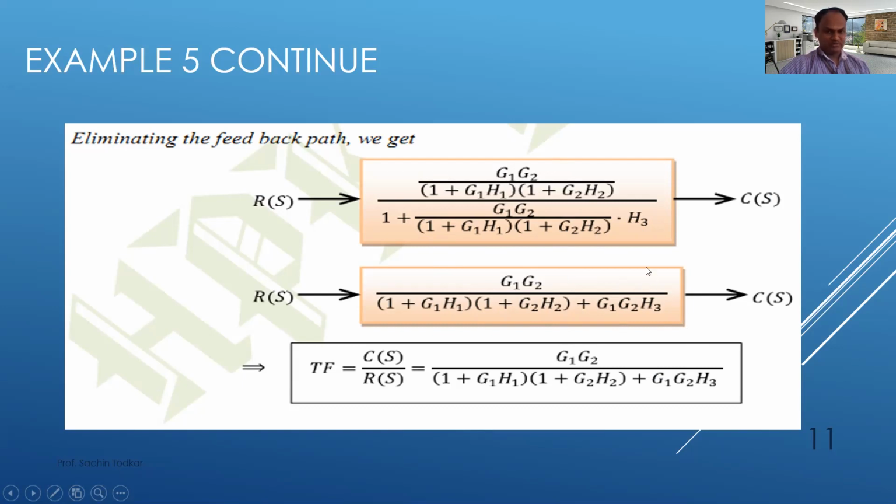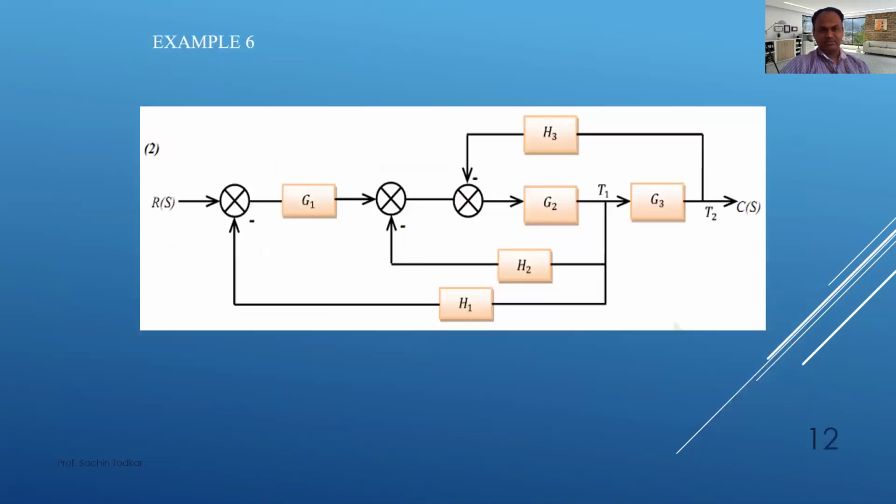And for that simplification, you need some mathematical rules should be known to you, and you have to practice it. So maybe they will give the final answer in multiple choice questions. So final answer is to be calculated. Okay. Now we'll see next example.